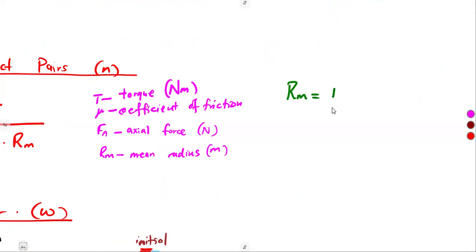Guys, mean is average. From our mathematics, average, you add the two. If they are two, you add them, then divide by what? By 2, average. All right. So that is mean, average. So that's our mean radius, which is supposed to be in what? In meters. So that is it, guys, on our mean radius. So that is one that we're talking about.